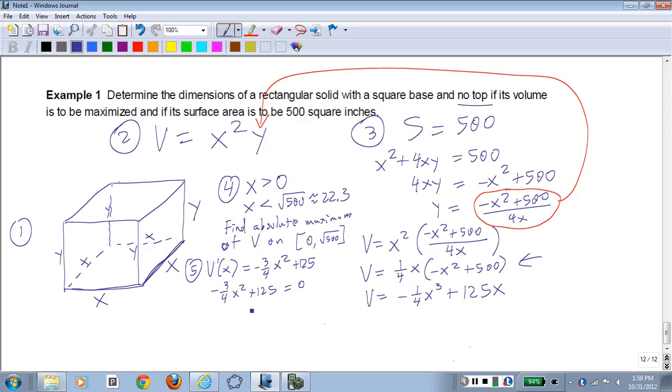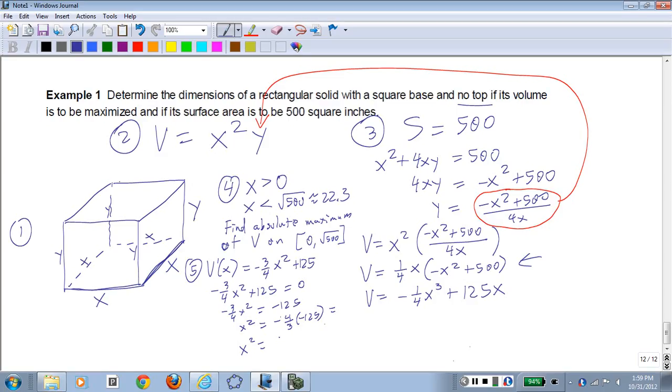Well, an extra step, I guess. Negative 3/4 x squared equals negative 125. X squared equals negative 4/3 times negative 125, which is not nice. That's 166 and 2/3.